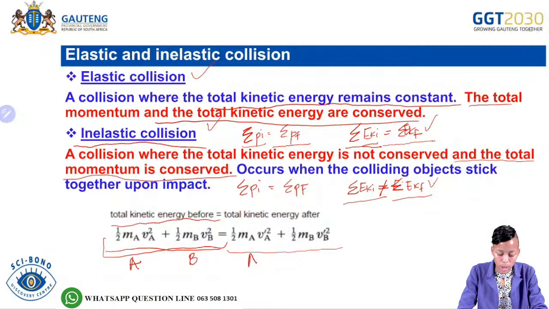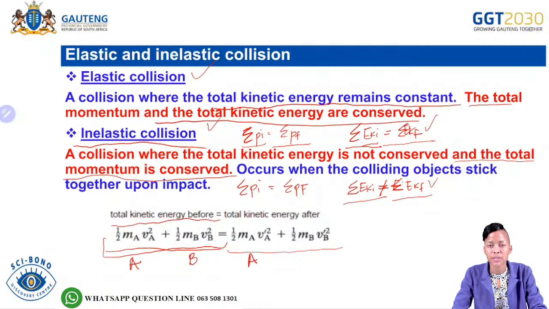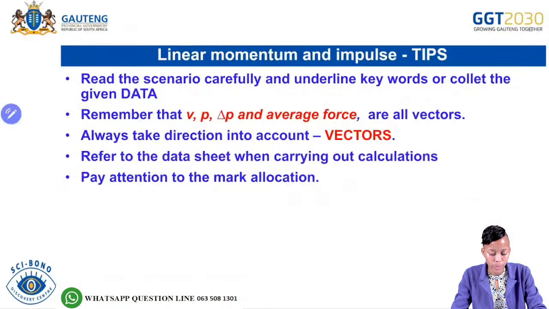And then total kinetic energy after: the first part, half mv squared, would be representing object A again, and this part would be representing object B.